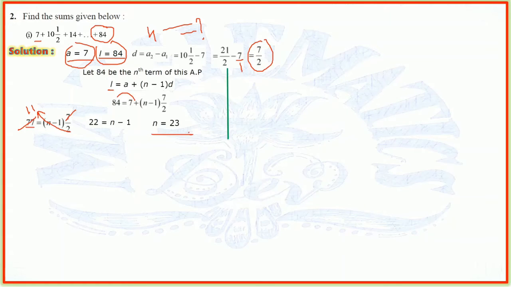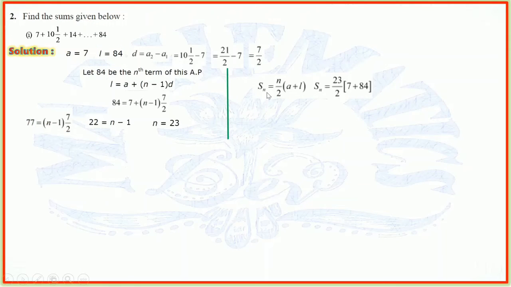So now the final step for the solution. Sn is equal to n by 2 into a plus l, where n means the number of terms, that is 23. So 23 by 2 into 7 plus 84. 7 is the first term, 84 is the last term.